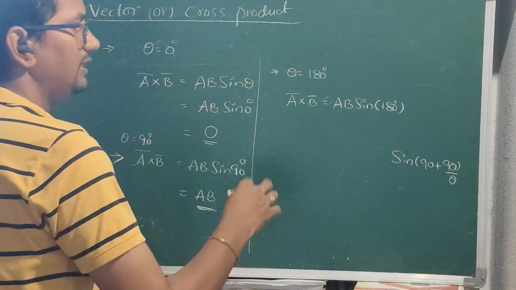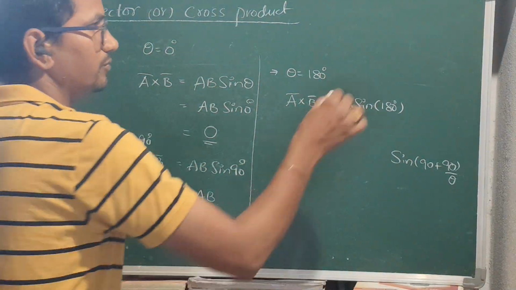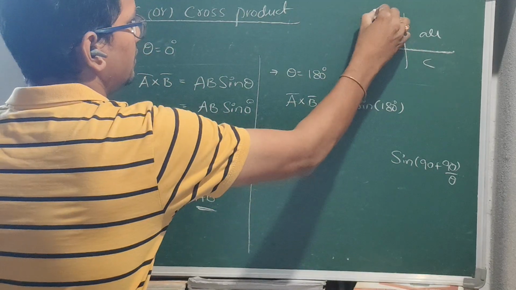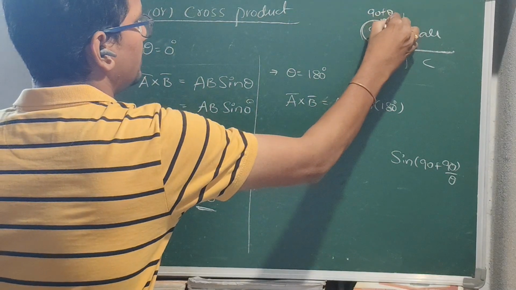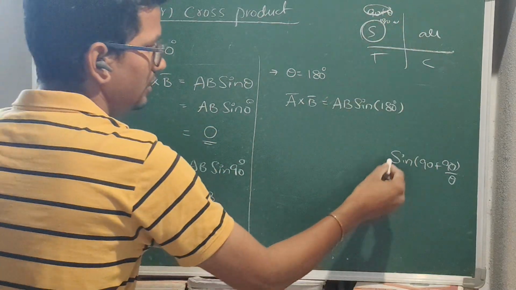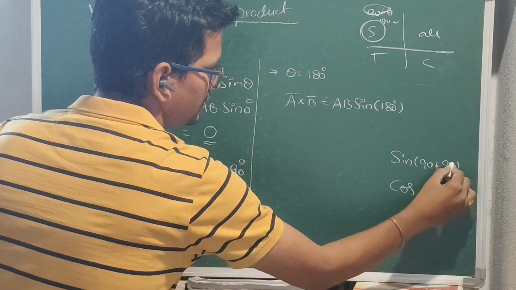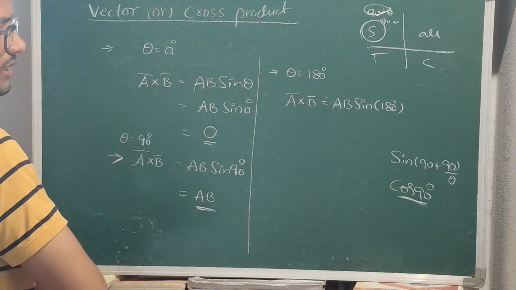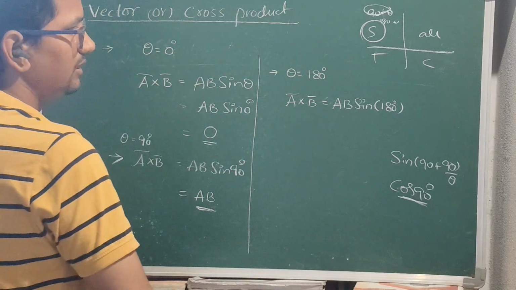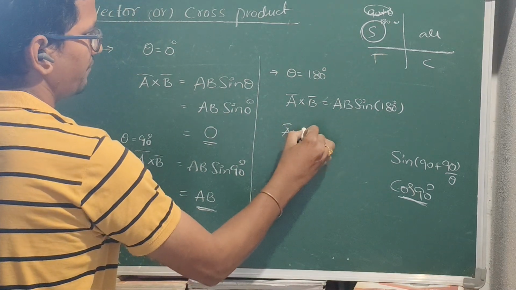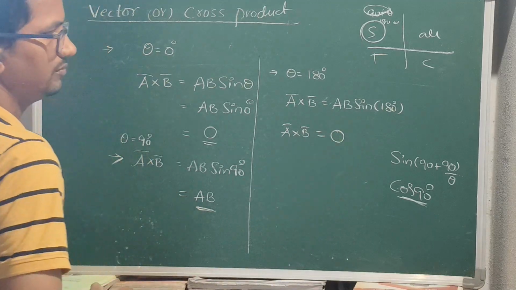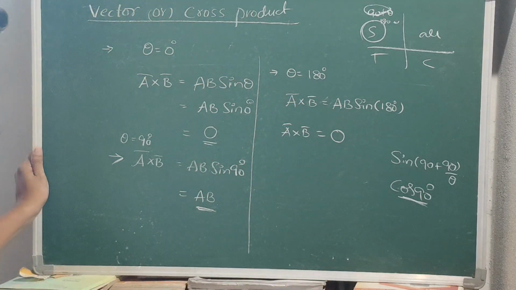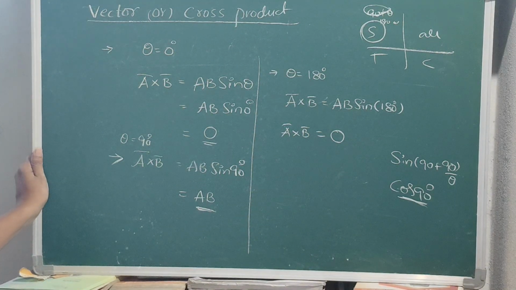For example, sine of 90 plus theta is in the second quadrant, where sine is positive, all silver teacups. 90 plus theta, or 180 minus theta, is the second quadrant. Sine is positive. Sine 90 plus theta is cos theta. Cos 90 value is how much? Cos 90 is 0. So a bar cross b bar is equal to 0. That's because cos 90 becomes 0. So 180 also gives 0.